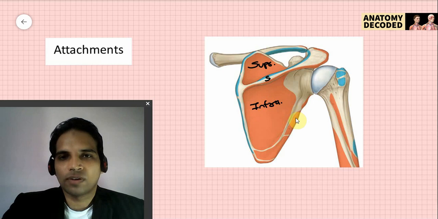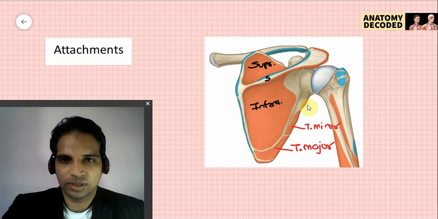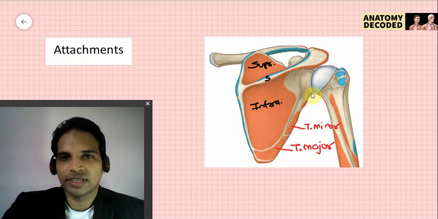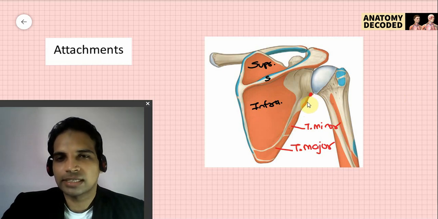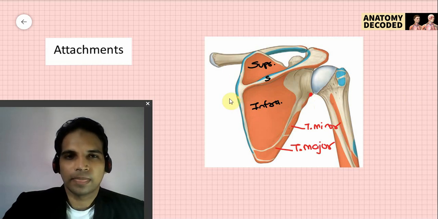Along the lateral border of the scapula, this muscle here is teres minor and this muscle is teres major. And this muscle which we can see is actually an extension from the infraglenoid tubercle. This muscle is the long head of the triceps, which arises from the infraglenoid tubercle.